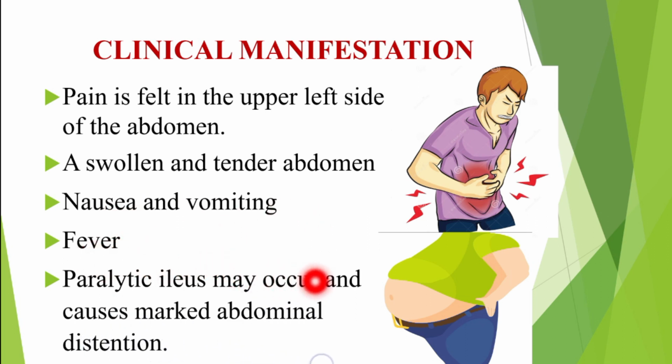Fever and paralytic ileus can be seen, because there is less metabolism. As I already told, amylase, protease, lipase, these kinds of enzymes are secreted from the pancreas. If there is a lack of enzyme from the pancreas, the carbohydrates, proteins and fats, our macronutrients, are not digested.